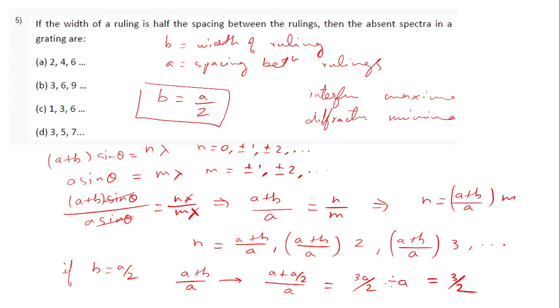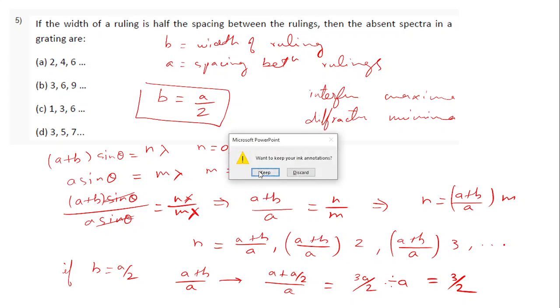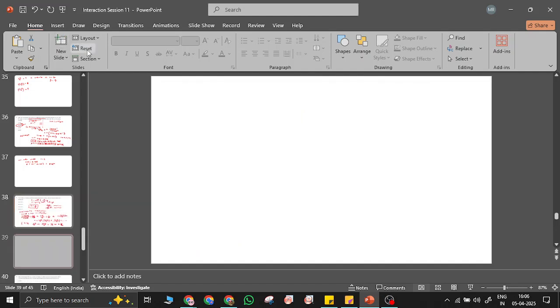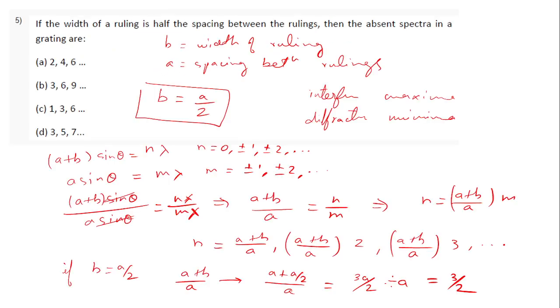So the missing spectrum orders will be 3 by 2, 6 by 2, 9 by 2. These will be the missing orders.